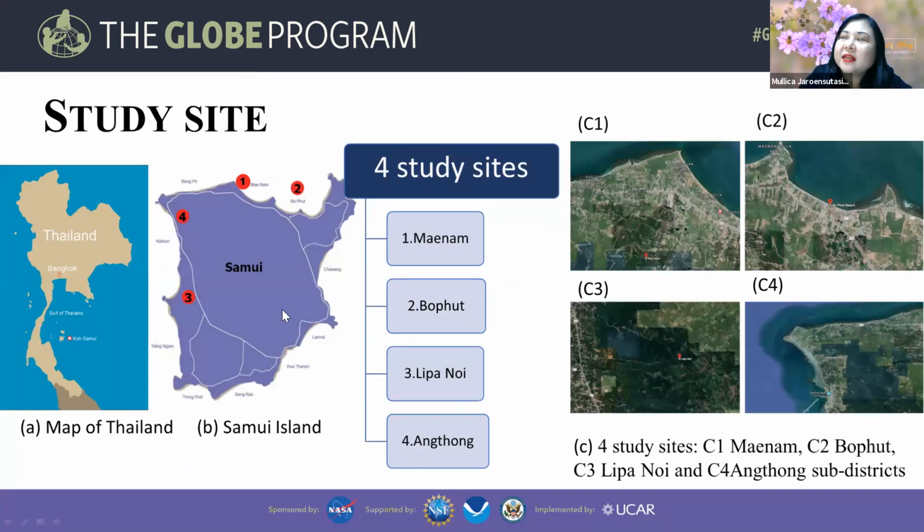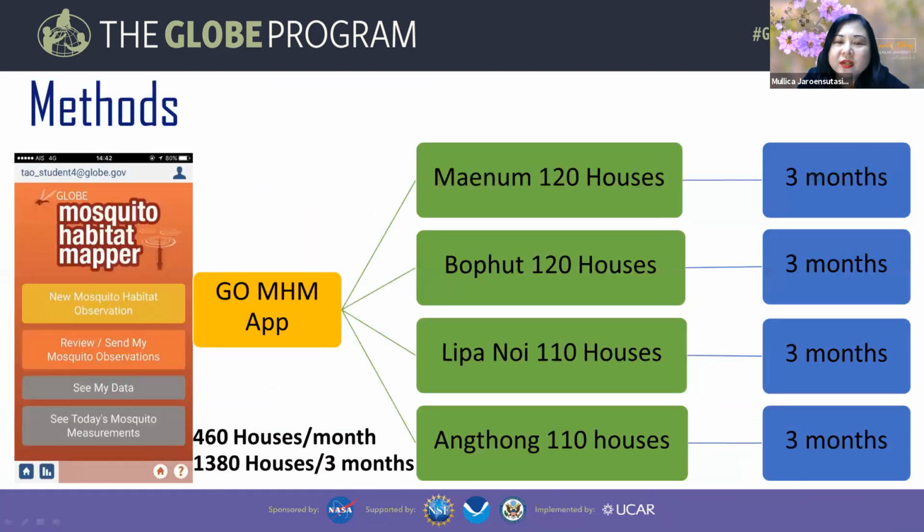When I zoom in on the island, there are 4 sub-districts like this: Mae Nam, Bo Phut, Lipa Noi, Ang Thong. This is the location of the sub-districts. And then we have 10 people per sub-district.